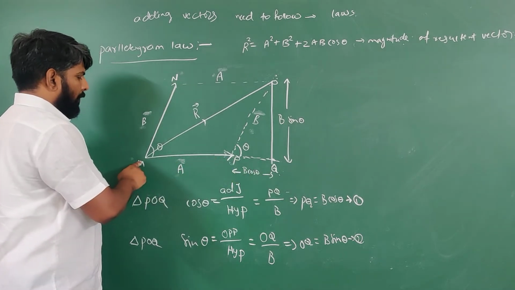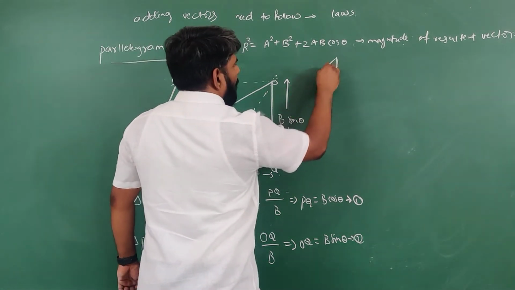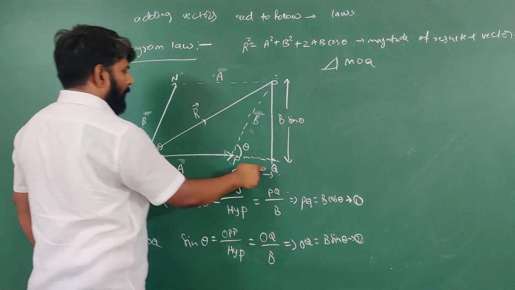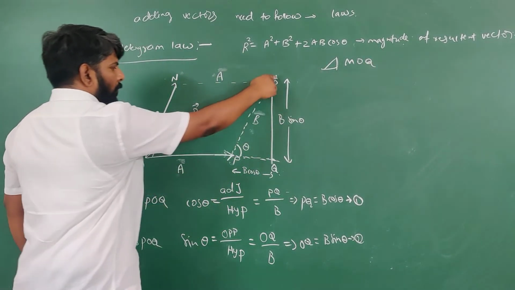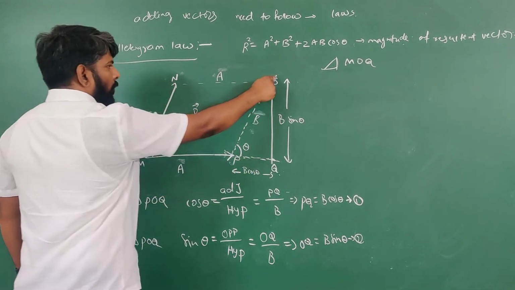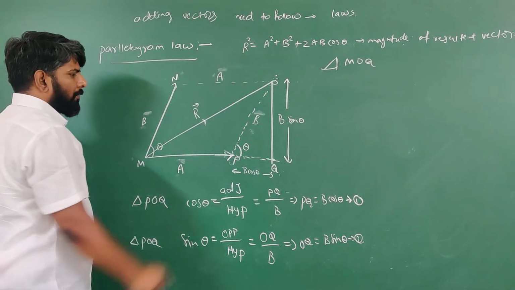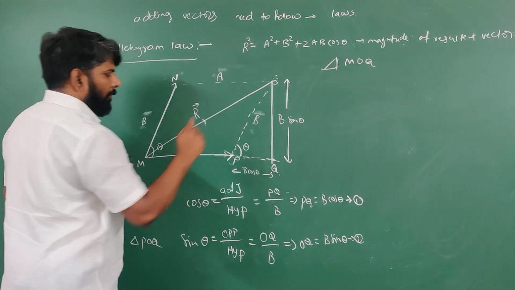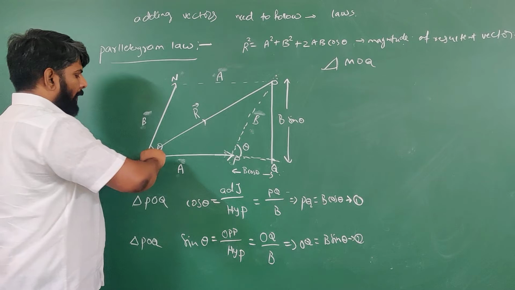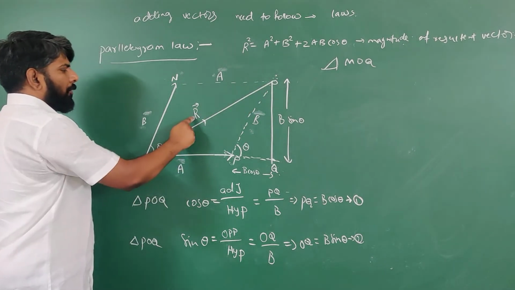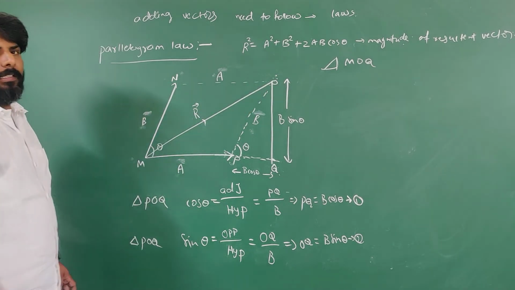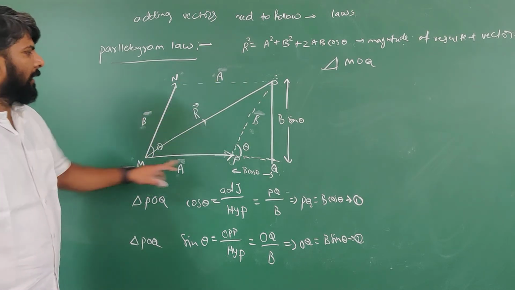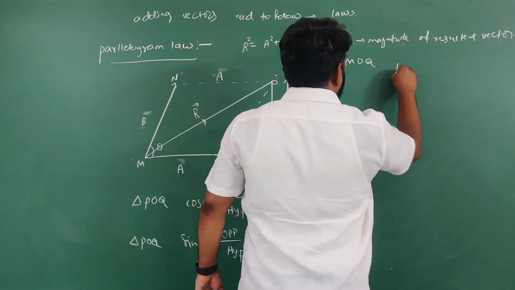Okay? Now see here. In this diagram, again we are getting one more right angle triangle, MOQ. Observe here. From the right angle triangle MOQ, MO is hypotenuse, OQ opposite side, MQ adjacent side. We need to find out the value of hypotenuse, which represents resultant vector. So from this right angle triangle, it is very easy to write down.